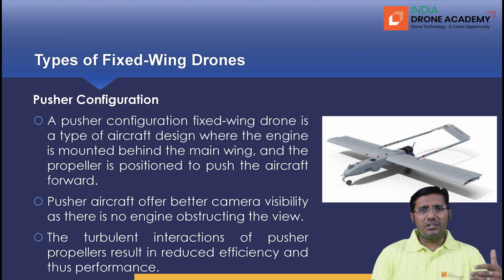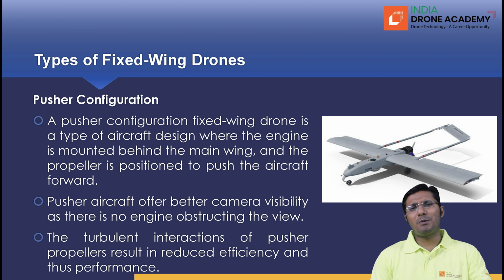Most of its energy has already been used by the wing to generate the lift. So because of the losses, it becomes a little challenging for a propeller to develop thrust from that turbulent air, and therefore its propulsive efficiency and also the aerodynamic efficiency are reduced a little. So this is the drawback.